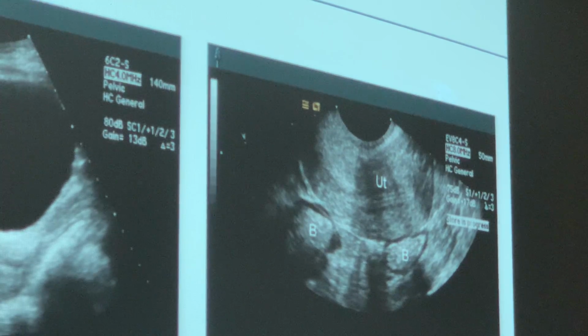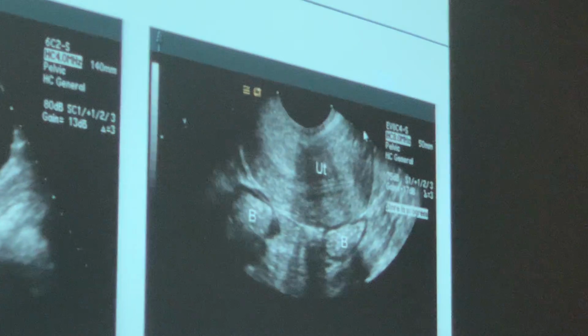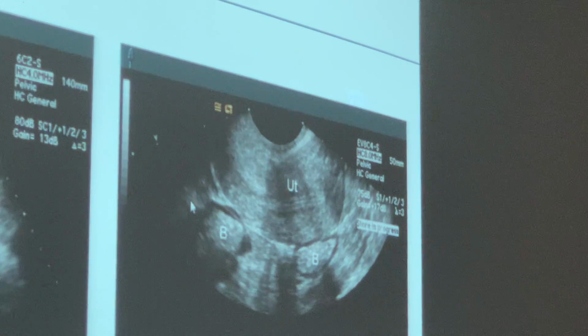Okay. Now, this is a retroverted uterus. Normally the cervix is over here and it goes this way. This is still inferior and anterior, posterior, superior, inferior. But we have a retro uterus. So this is still the anterior uterus. This is still the posterior uterus.